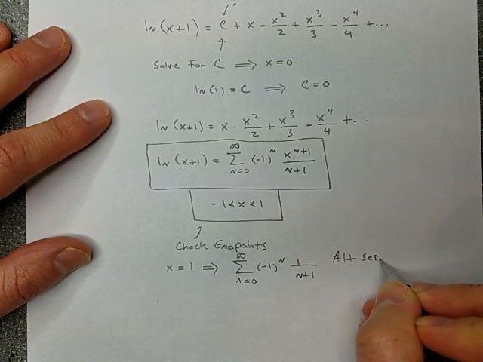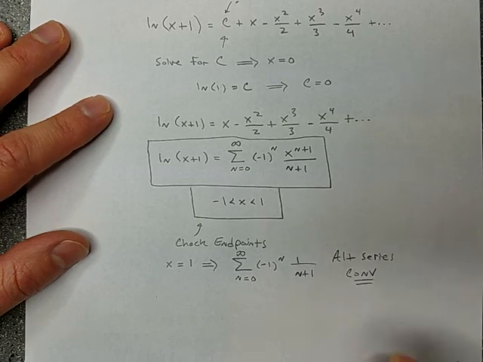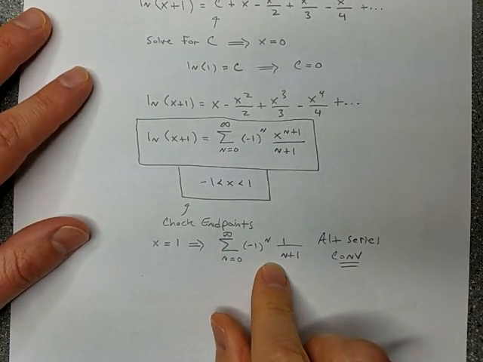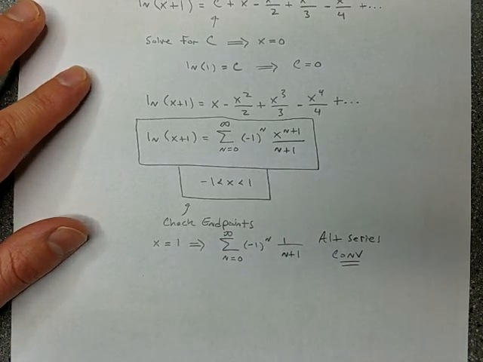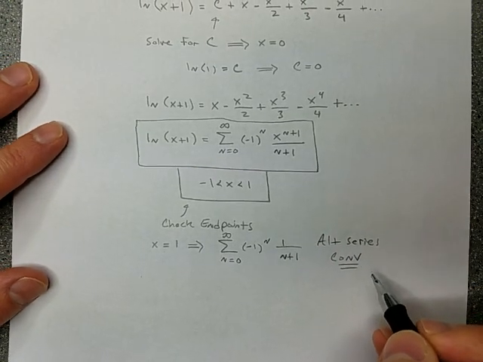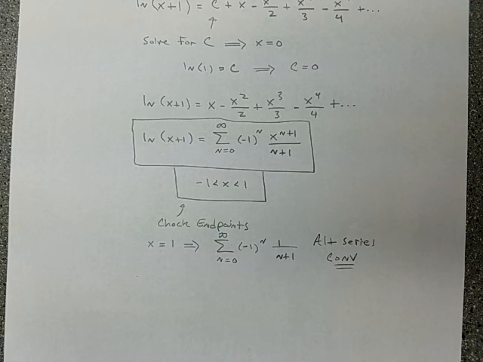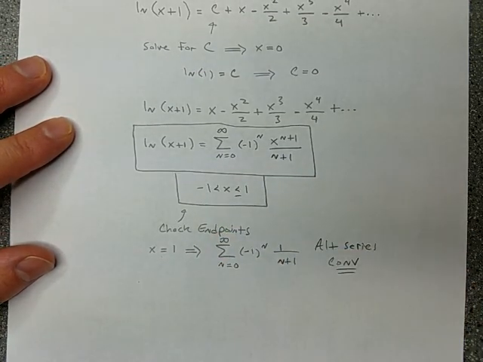An alternating series converges if its terms get consecutively smaller and if its terms go to 0, which happens in this series. How you tell if an alternating series converges or not is in a different video and a different lesson. So I've got to include the 1.